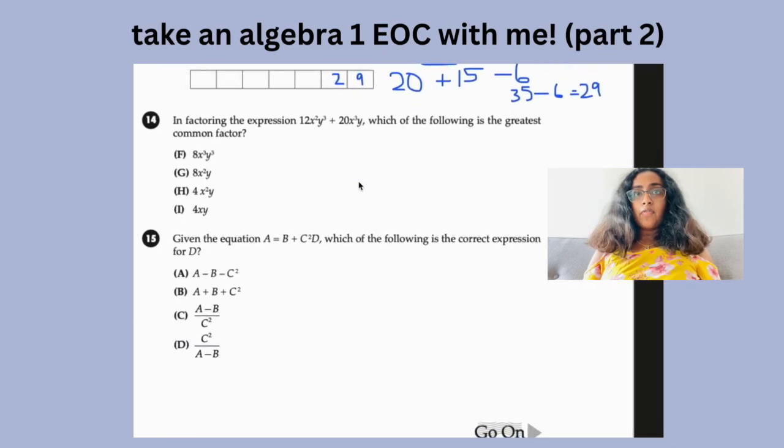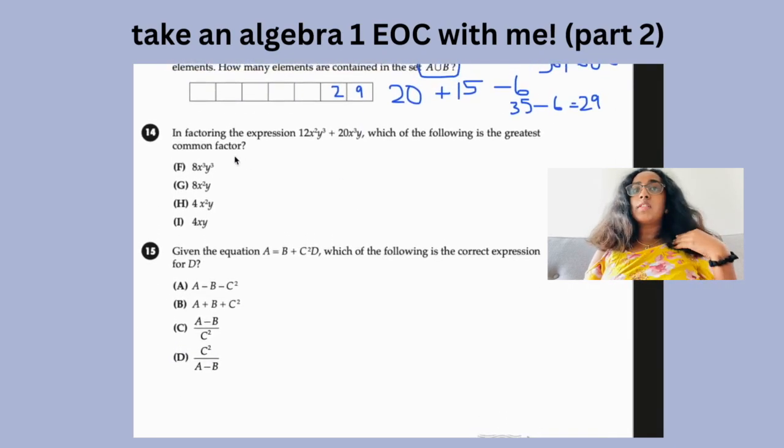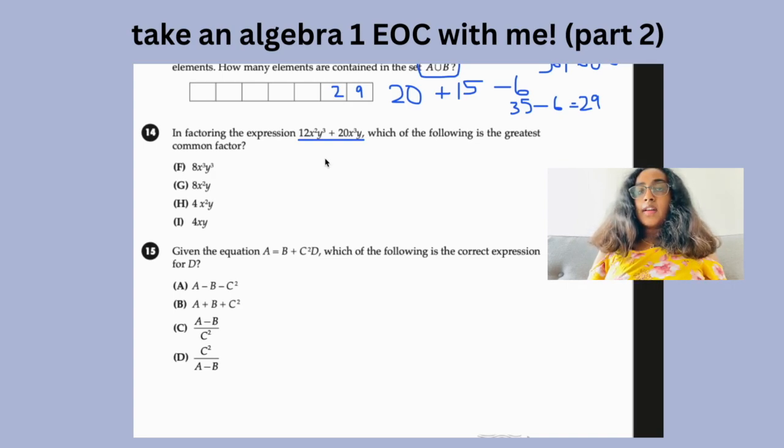Okay, next, for number 14. In factoring the expression, which of the following is the greatest common factor? What we can do here is see what we can distribute.